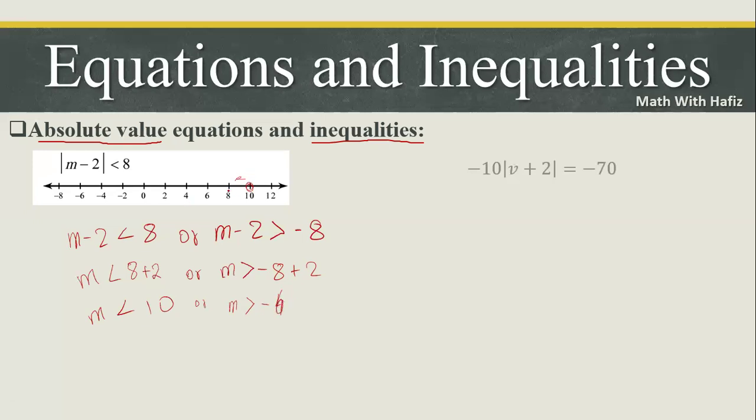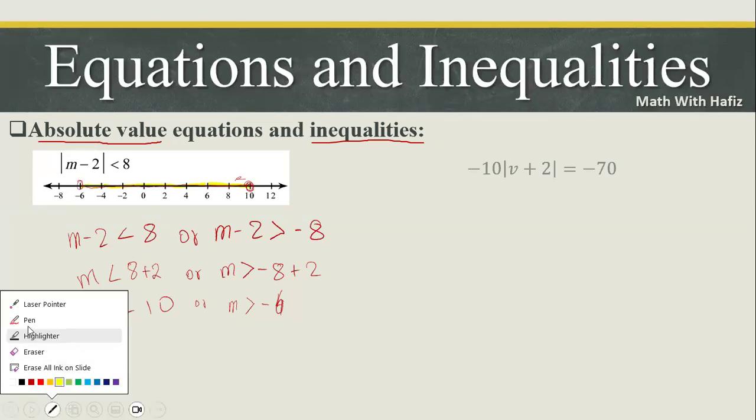So it means all values from positive 10 down to negative 6, where both 10 and negative 6 are not included. It will have all these possible values on this line.